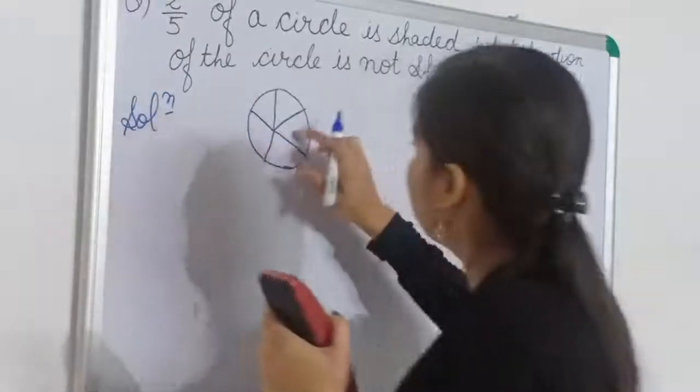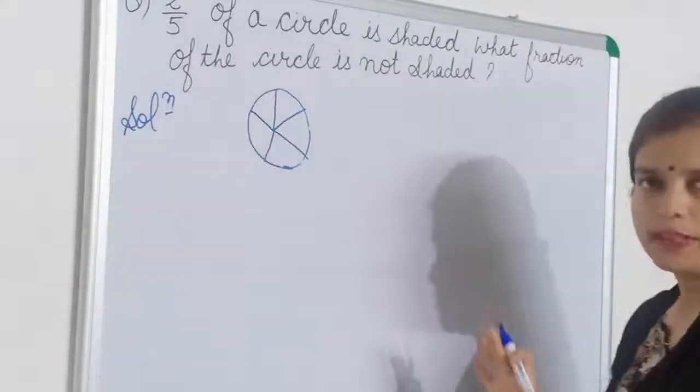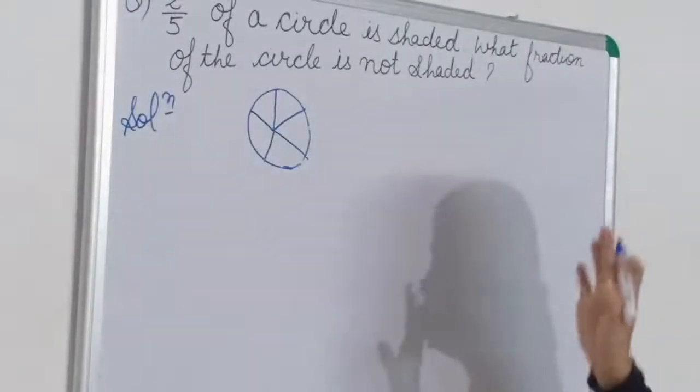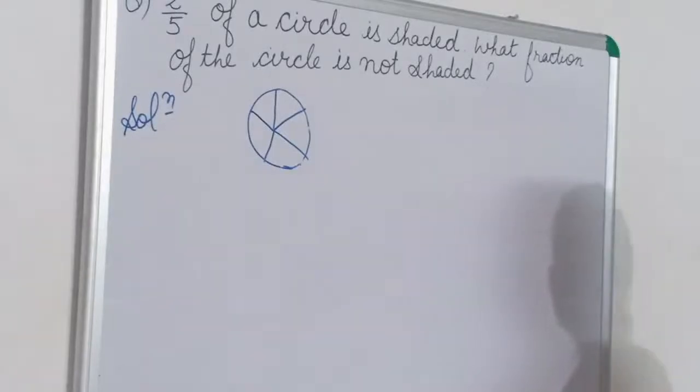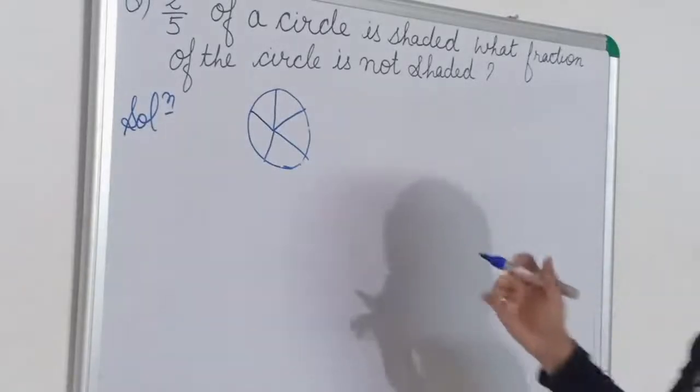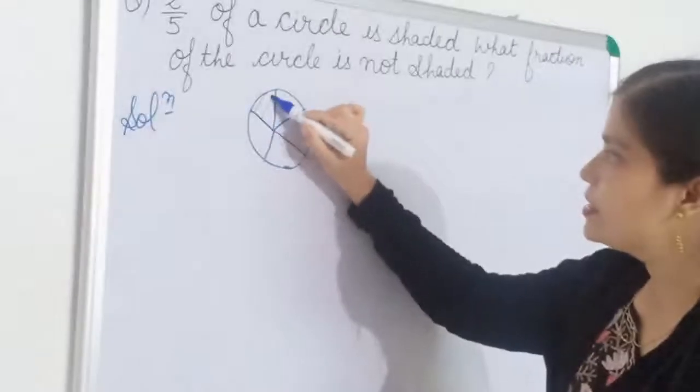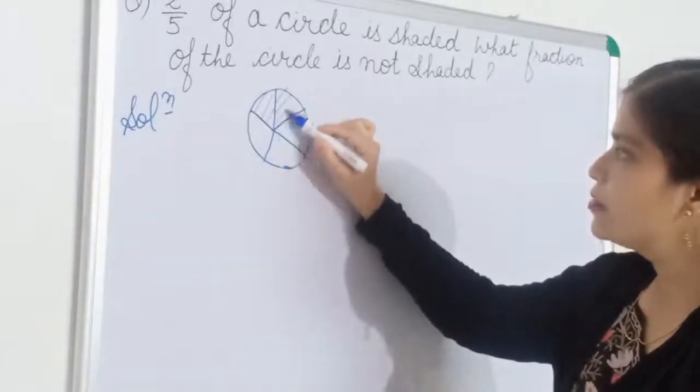Okay, 1, 2, 3, 4, 5. These are the 5 equal parts. Assume it. Now it is said that 2 parts are shaded. Means these 2 parts are shaded, 1 and this is 2.